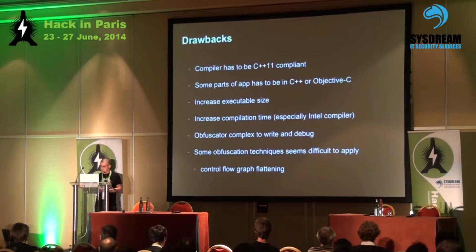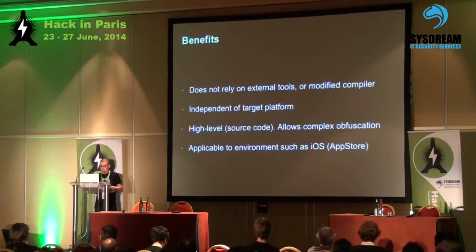And there are some benefits. You don't have to use any external tool. You don't have to use a modified compiler. There is a project called LLVM Obfuscator, which relies on a modified compiler. It's developed in Switzerland, in Yverdon.